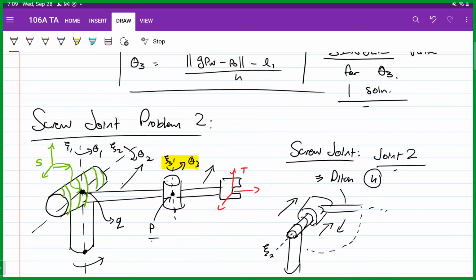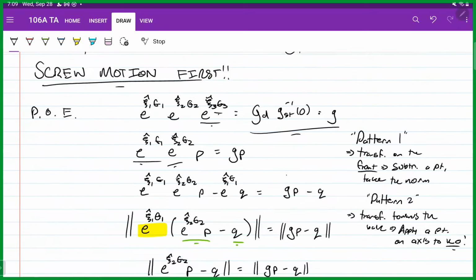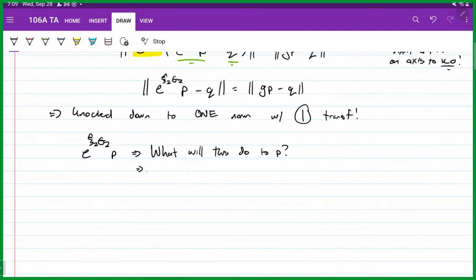It's going to rotate a little bit. And second of all, it's going to be translating this point along this axis as well. So it rotates and translates your point P in space.